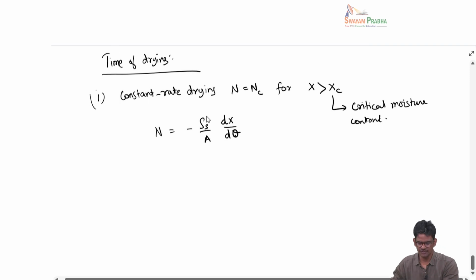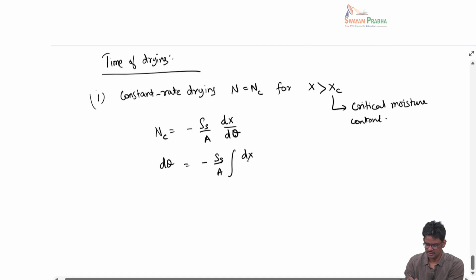I am writing it now in differential form instead of delta, and here N is equal to NC, because it is a constant rate of drying. So from here I can rewrite this equation: d theta is equal to minus SS by A NC dX.